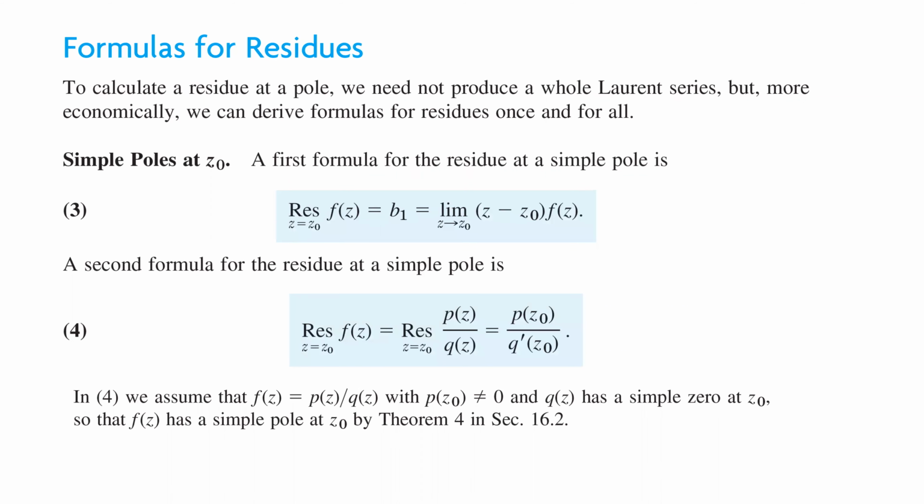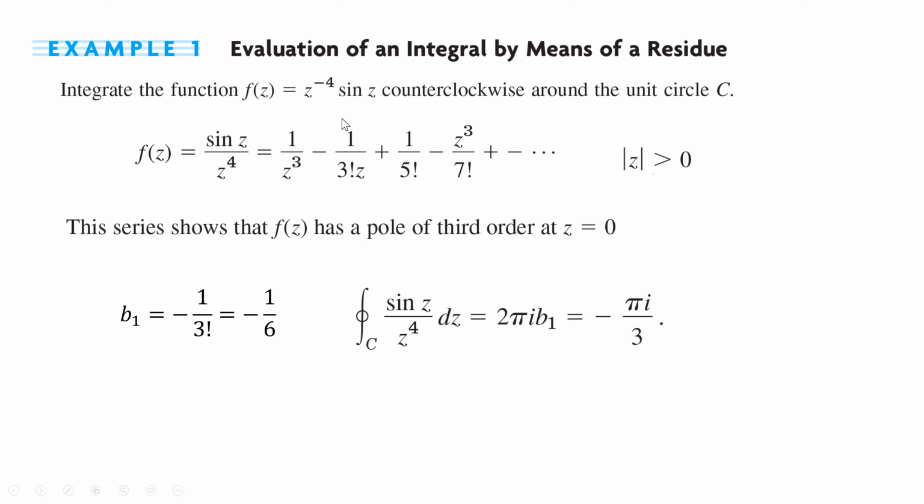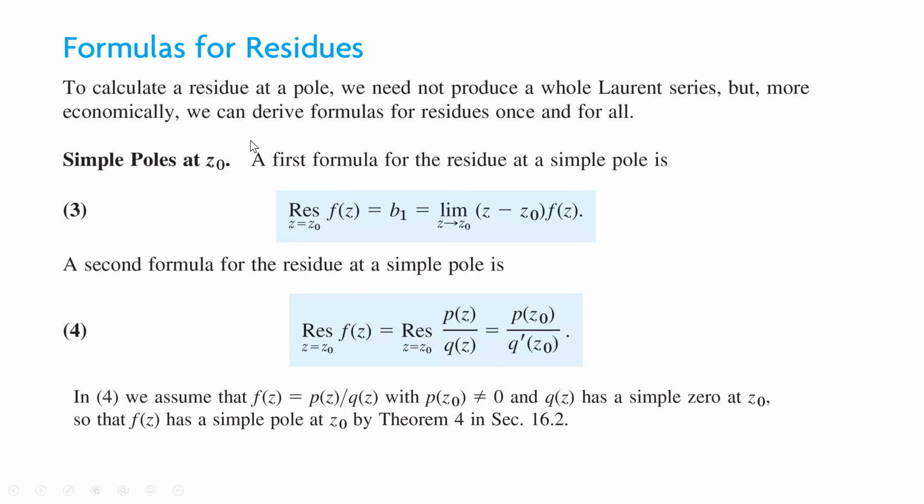All right. And then we said that because only this b_1, the factor in front of 1 over z minus z naught, is important, we don't need to write all the Laurent series because we just want one coefficient. And therefore, we can have formulas for that one coefficient. Here, if the pole is a simple pole, meaning that m is equal to 1, then b_1 will be the limit of z minus z naught times f(z) as z goes to z naught.